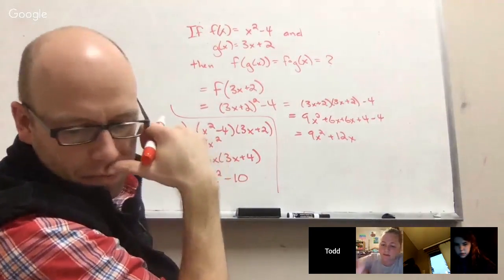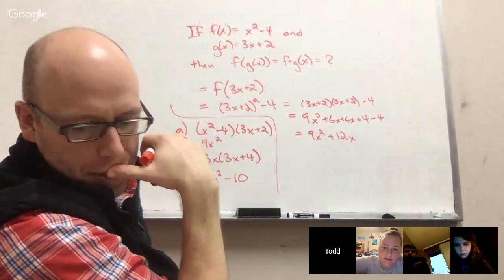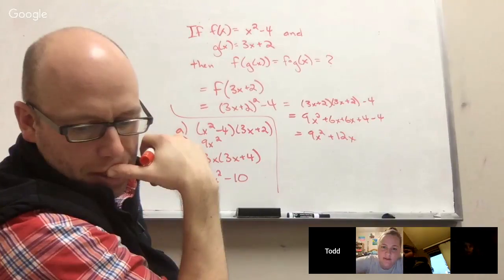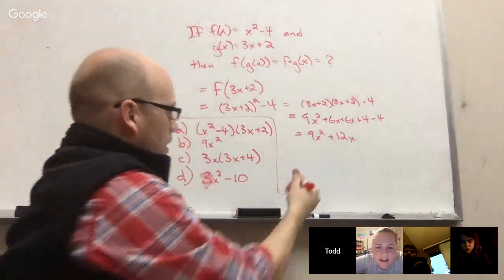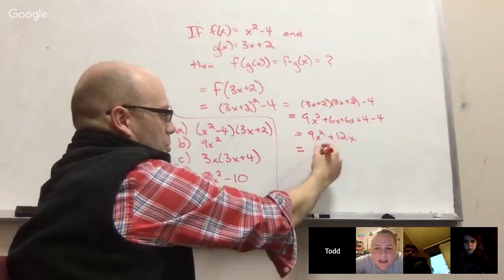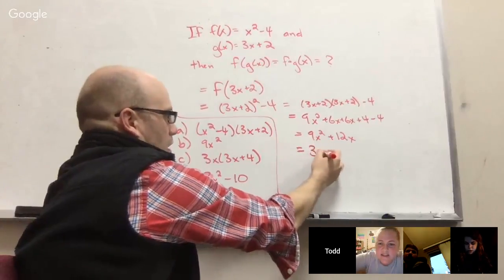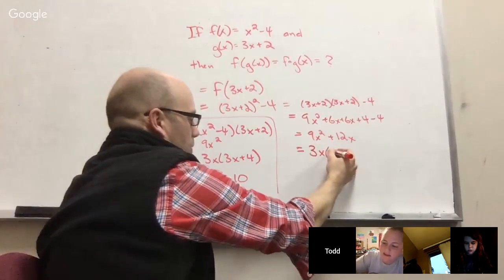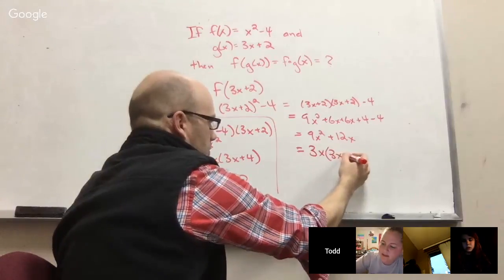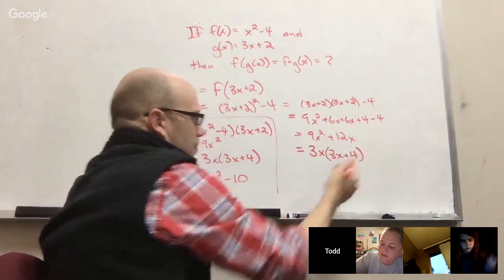You can pull a 3 out of B. Pull a 3x out, and what are you left with? 3x plus 4, right?